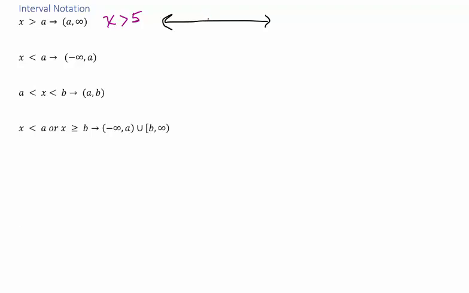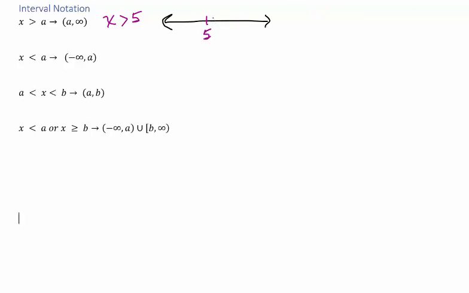So 5.001, 5.00001, within any two numbers on the real number line, there's another number. So it's really hard to write down that list of solutions. If I just wanted to write them out, I would be writing forever.